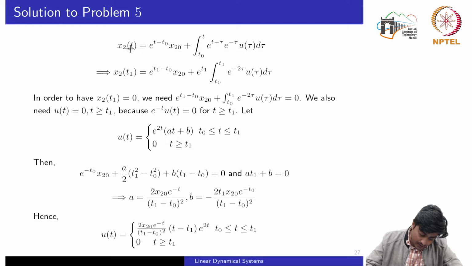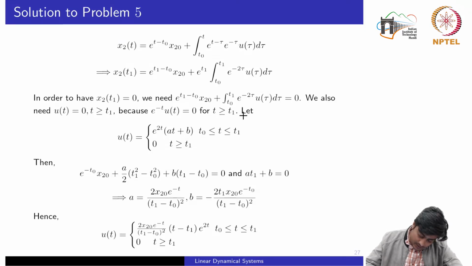Now putting t equal to t1 in this equation and equating this part equal to 0, because we need to ensure that x2 at t1 should be equal to 0. For that we require that the right hand side should also be equal to 0, and once it reaches 0, if we are not supplying any input to the plant after that time t1, we could ensure that it would always stay at 0.